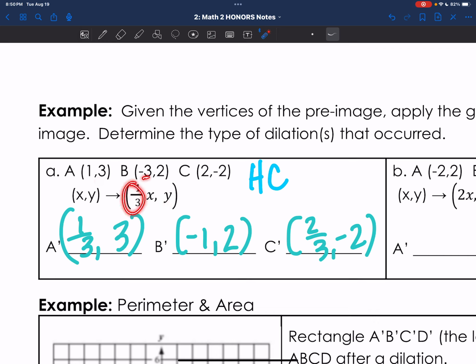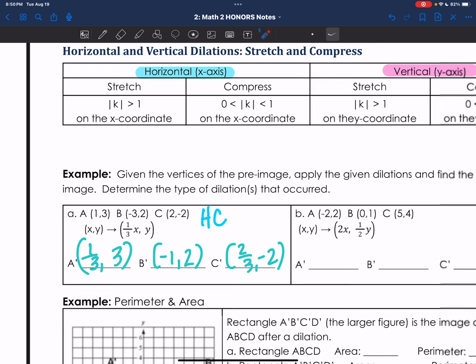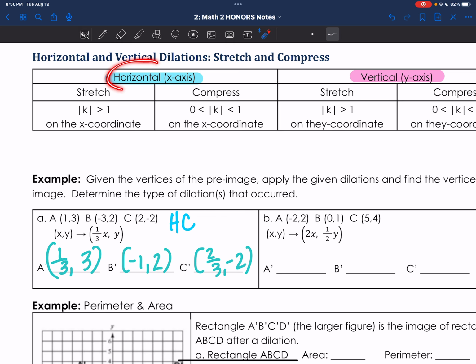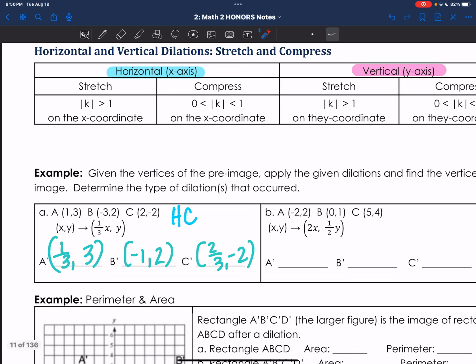So now you're going to take 1/3 times -3, and then y you just leave as 2. And then same thing, you're going to take 1/3 times the x, which gives you 2/3, and then y you just write. Now, since it's only the x, it's horizontal, and since it's 1/3, it's between 0 and 1, so then that's your horizontal compression. All right, you're going to try that one.